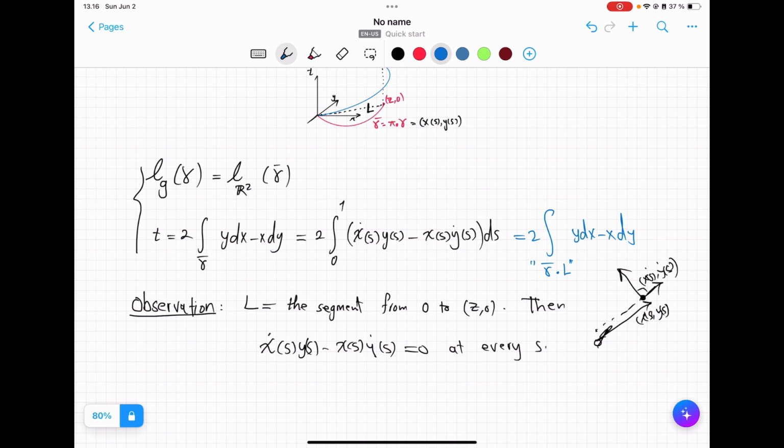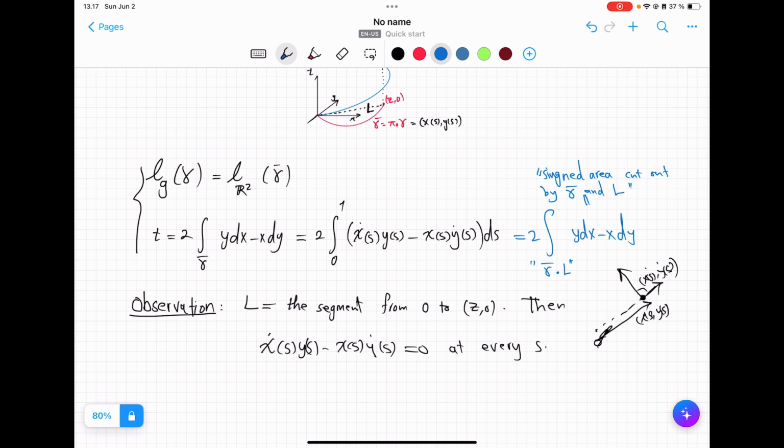But what happens is that now we have a loop. It comes back to origin. So this becomes again now the signed area cut out by gamma bar and the straight line segment L.